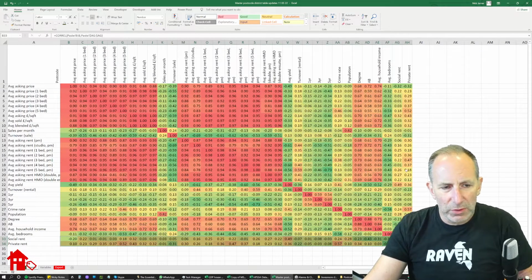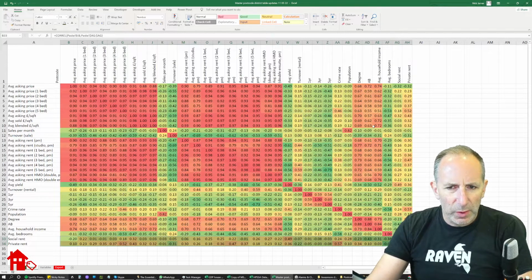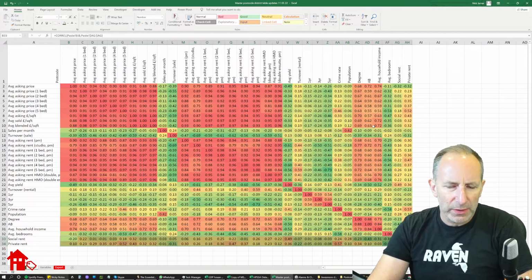So there's about 2,200 postcode districts, and therefore this is quite helpful because it helps us understand the relationships between certain demographic characteristics and capital growth, and yield actually. And then from there one can say, for example, if this area has these characteristics, then that makes it especially interesting.